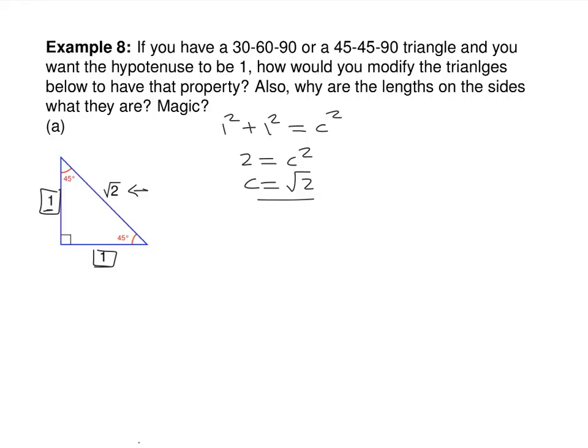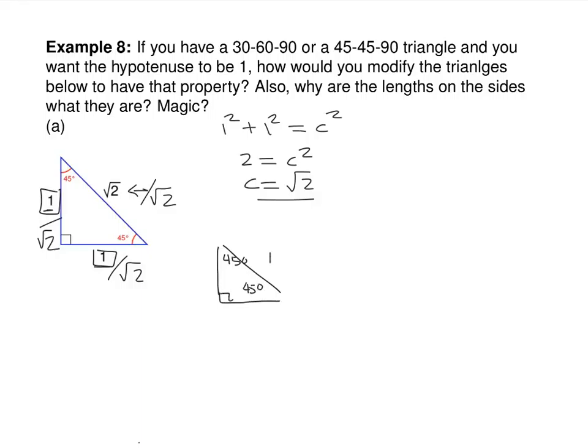Now we are going to need a triangle where the hypotenuse is 1. So how could you scale this triangle down so that the hypotenuse is 1? Any idea? Divide by root 2. Divide everybody by root 2. That makes the triangle the same basic shape, just a little bit smaller, still with the same angle measurements.